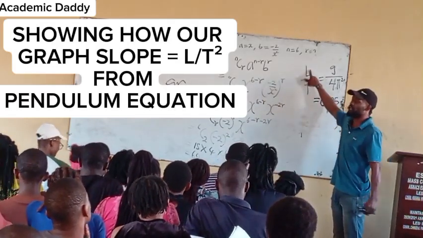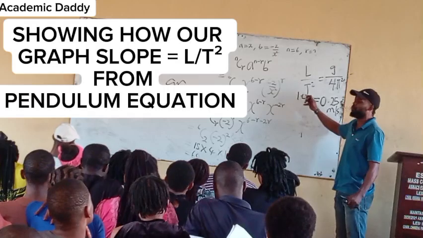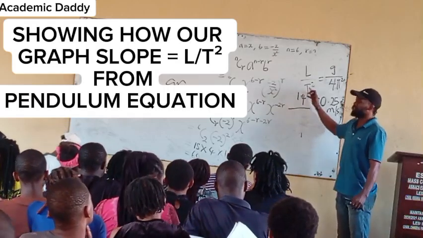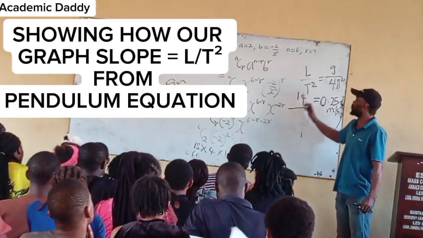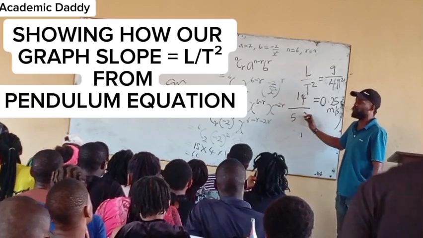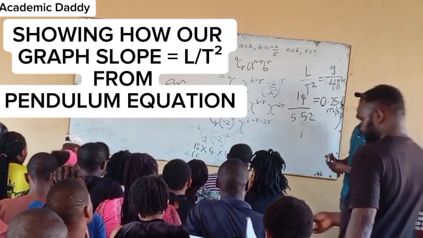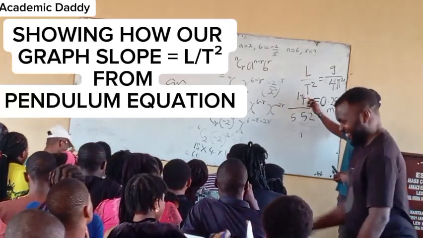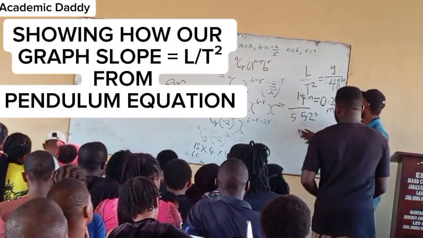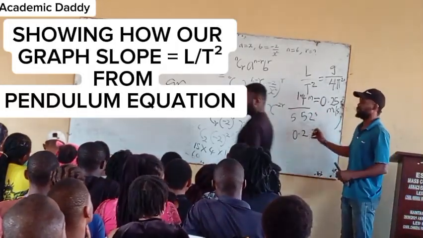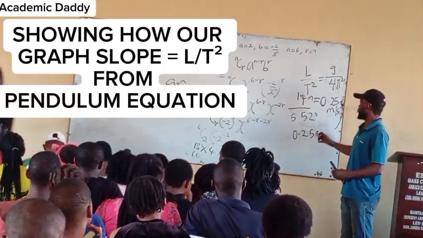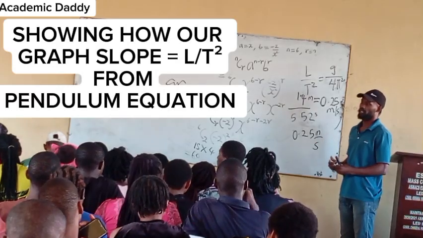I'm still going to carry 1.4 all over the T squared for this, which is 5.5 or 5. If you divide this now, this is a meter, this is a second, you will still get the same 0.25. Is it not true? Which means that it's actually meter per second. Are you seeing it?